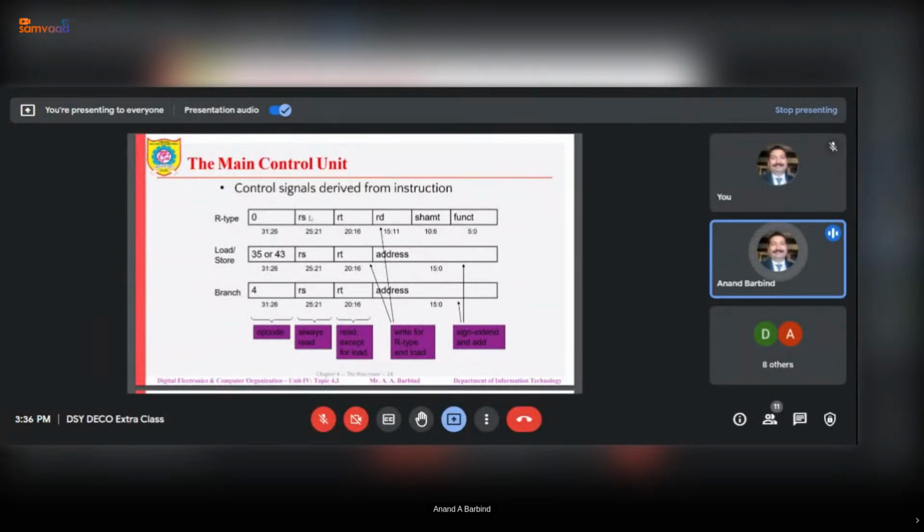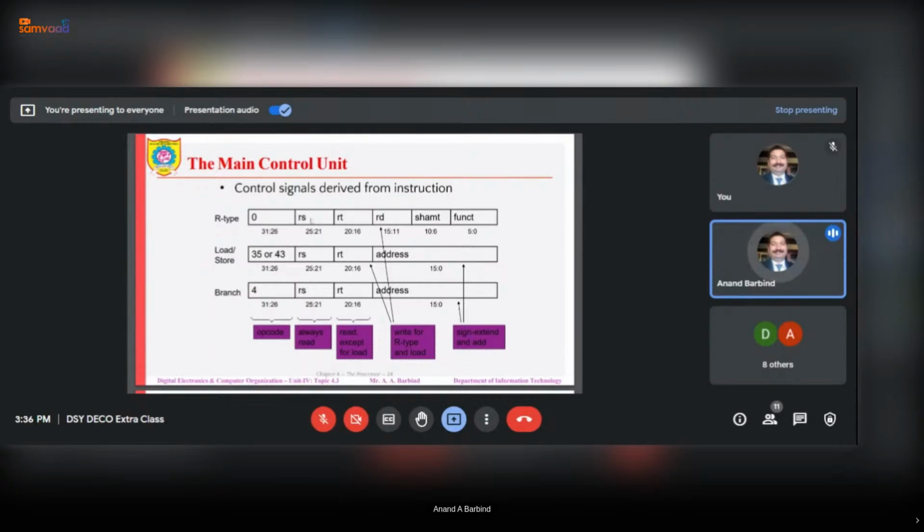If registers have a 5-bit address, then with 5 bits you can select one of the 32 registers. How many total registers are there in the MIPS processor? There are 32 registers. The address of the first register is 00000, all 5 bits 0, and all 5 bits 1 is the address of the last register, that is 11111.